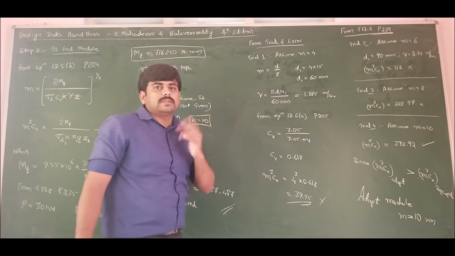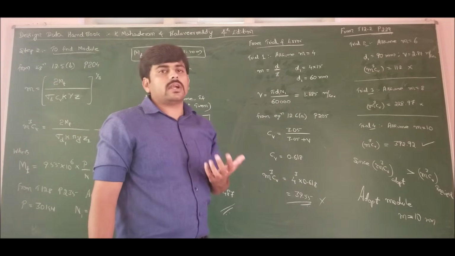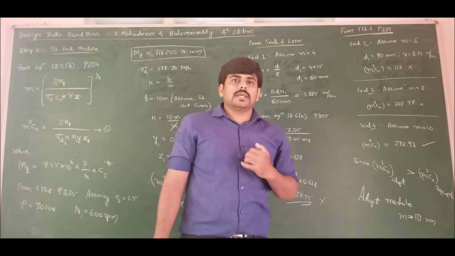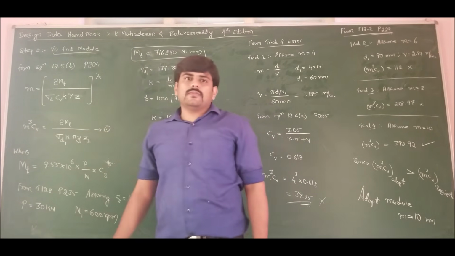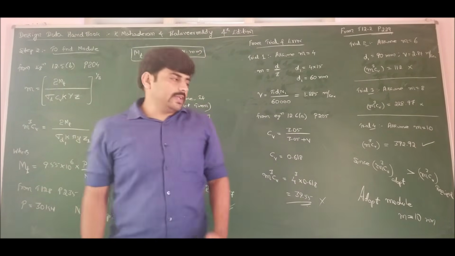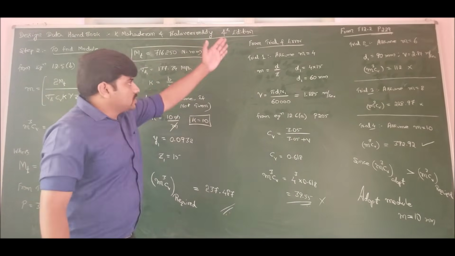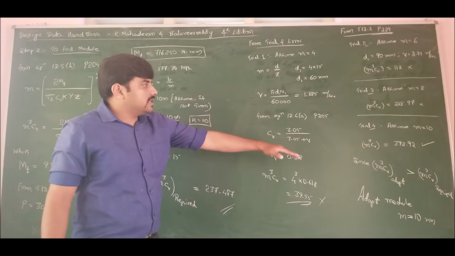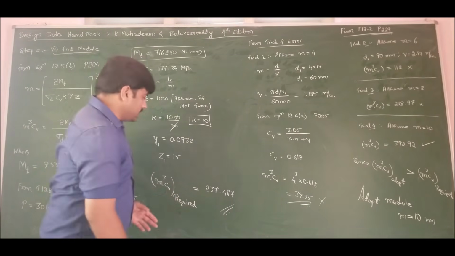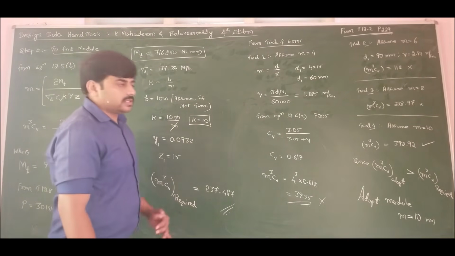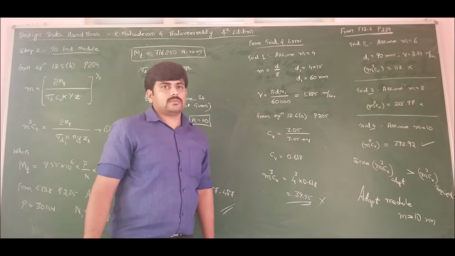In problems where pitch circle diameter is not given, we cannot find CV. Therefore, we resolve this equation to the form of m cube CV, find m cube CV required, and through trial and error find m cube CV adopted. The adopted value must be greater than the m cube CV required value. Thereby you can freeze the module.